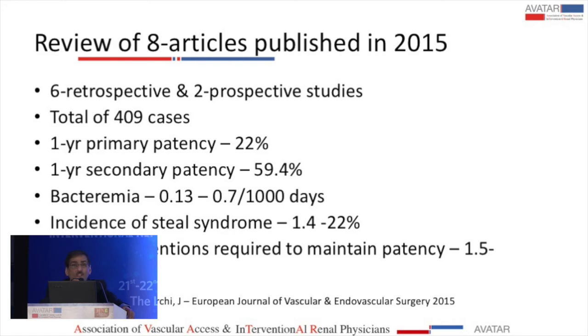It can be anywhere from 1.4 to 22%, at least in this total of 400 cases. And again, that's why you have to be very sure about assessing the distal perfusion, making sure that the distal circulation is well maintained to connect a 6mm graft in the upper extremity. And again, as you can see, an ongoing theme is that the number of interventions required is fairly high.